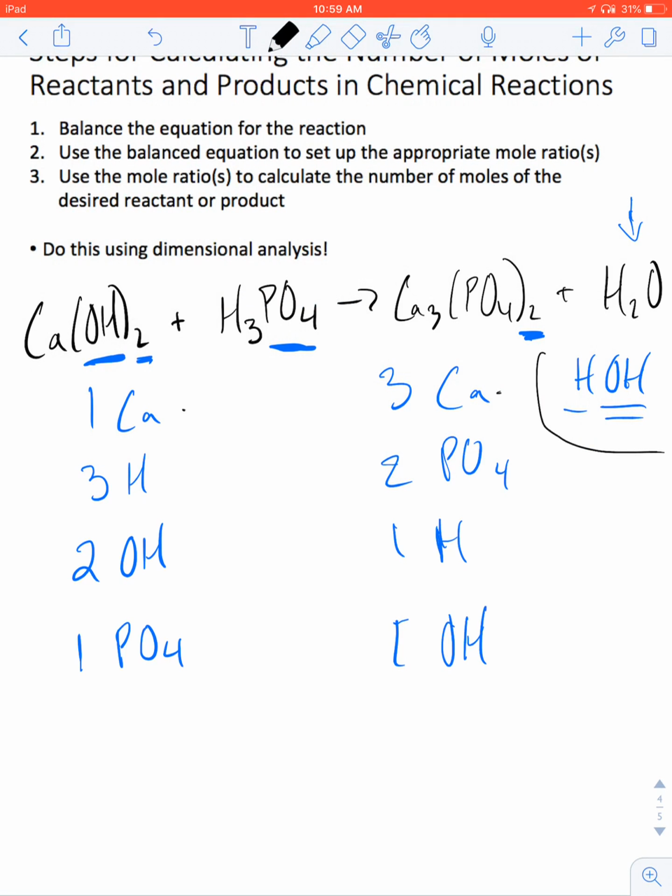So let's start off by looking at how about the calciums? Okay, we have 3 here and 1 here.